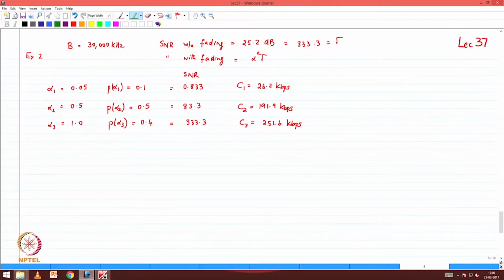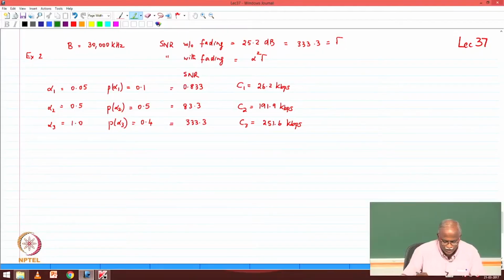Now the key concept is how do we even deal with or come up with something which has a reasonable representation of the capacity of the system. So this is where we go back and say that this capacity column can actually be written as a capacity as a function of gamma, the instantaneous gamma.